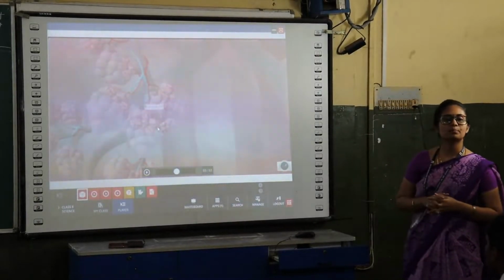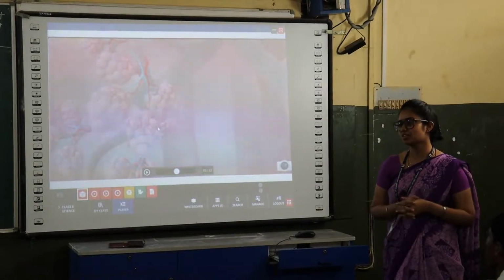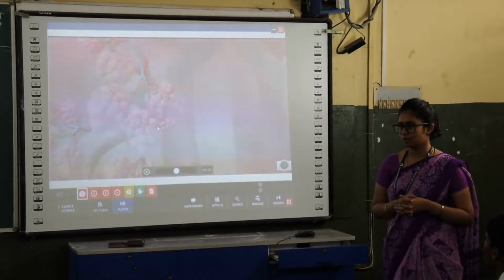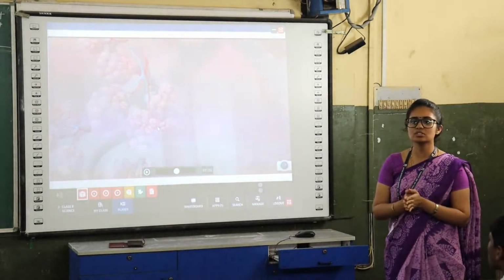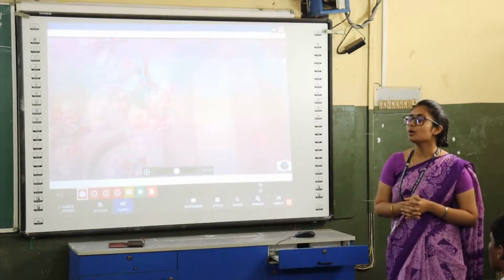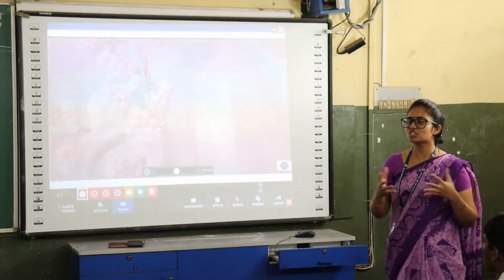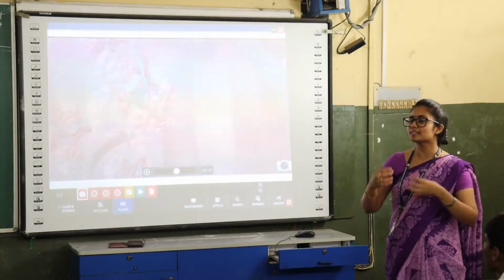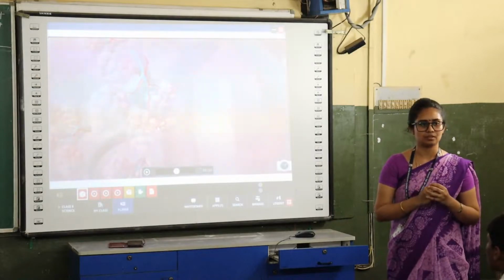So, this bronchus gives rise to small branch-like structures called bronchioles. Okay, so the bronchus is divided into two branches, and these branches are further divided into two or three branches, which are said to be bronchioles. Okay, what is the function of these bronchioles? They pass the oxygen to the alveoli region.